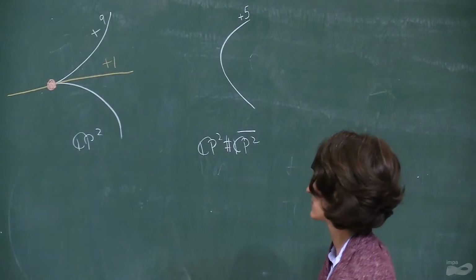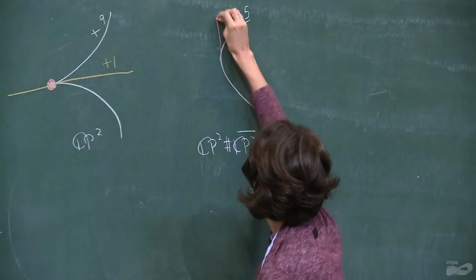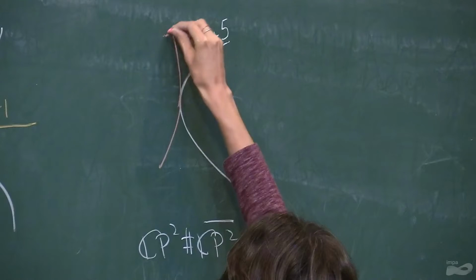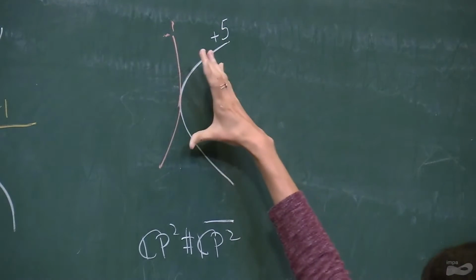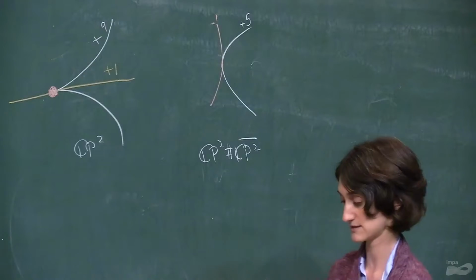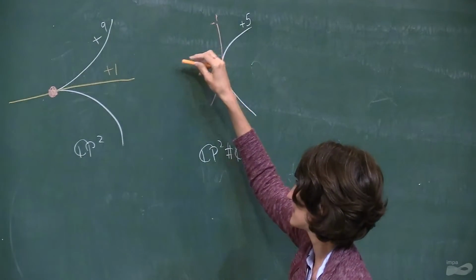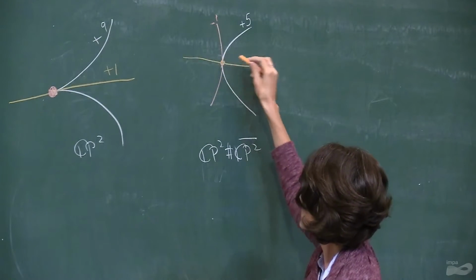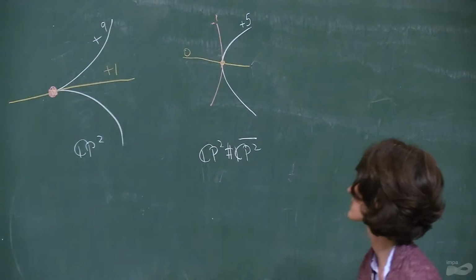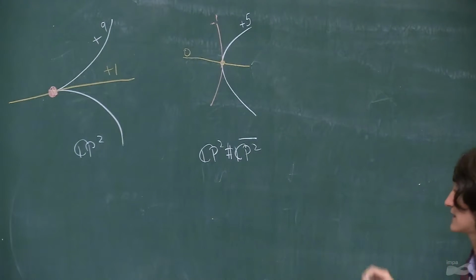And then we have a new exceptional sphere, which is tangent to the curve. The fact that it's tangent means if I blow it back down, I get back to the singular situation. And then I have this line that was tangent going through here. And then I can just blow up again.